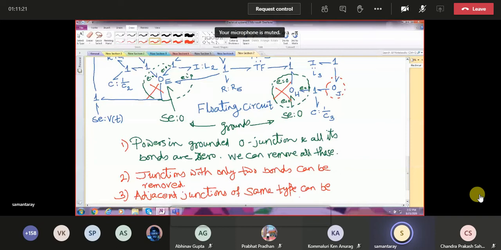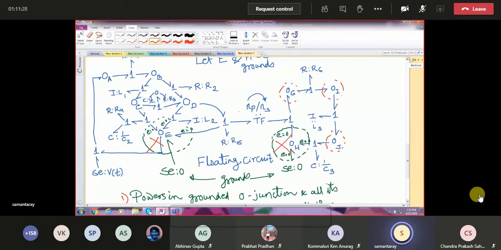So what we have here on the right hand side is this 0 goes, this goes, then this 1, 1, 1, and this 1 all become adjacent. So merge all these into a single 1 junction.